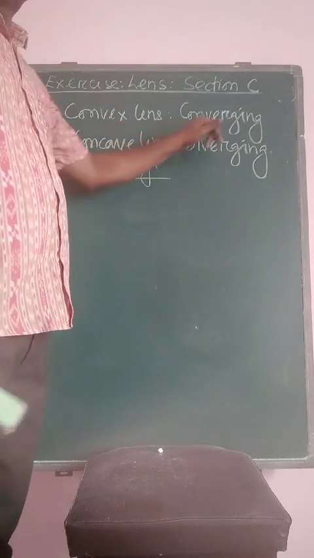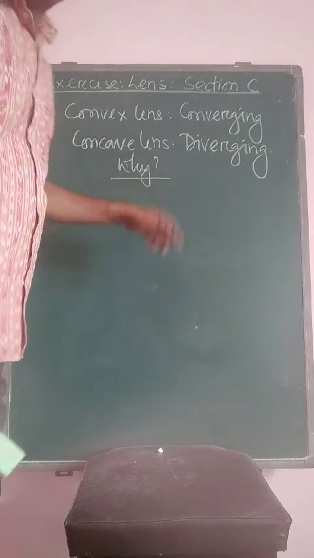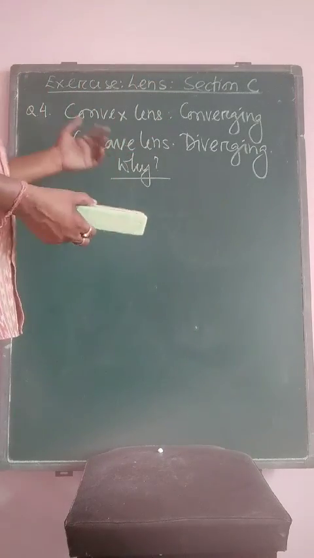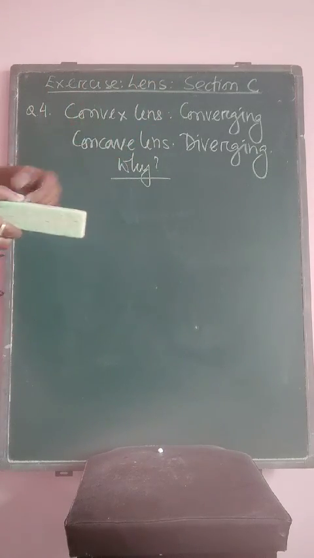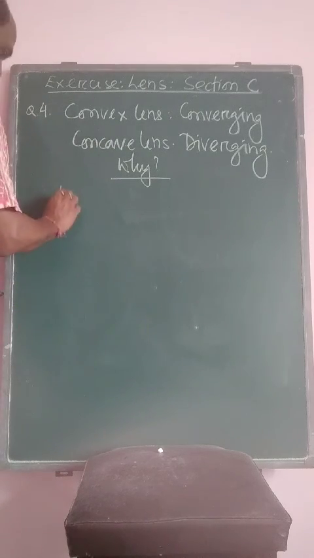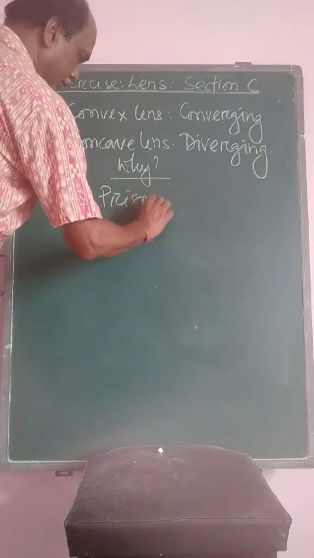A convex lens is converging by nature. A concave lens is diverging by nature. Why does a convex lens converge the ray? Why does a concave lens diverge the ray? You have to answer in one line. I am giving a clue. Go to the prism. It is due to prismatic action of lens.